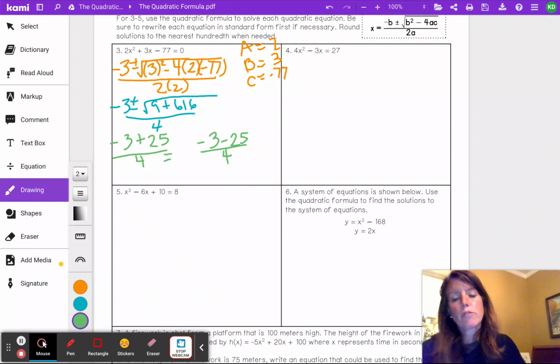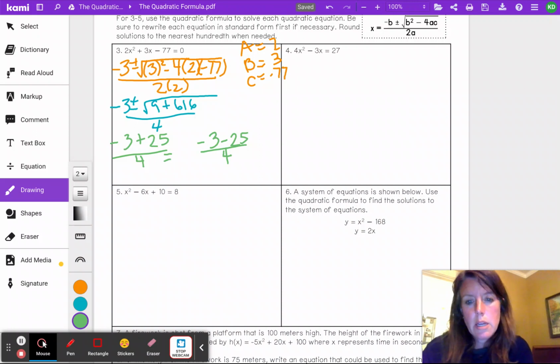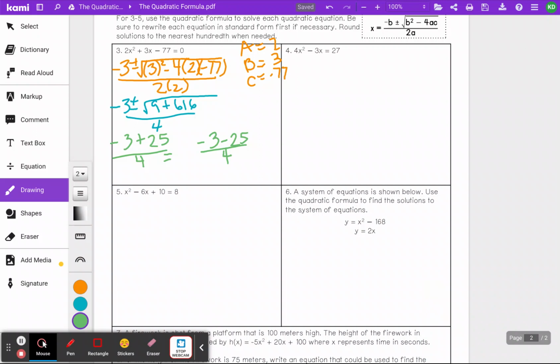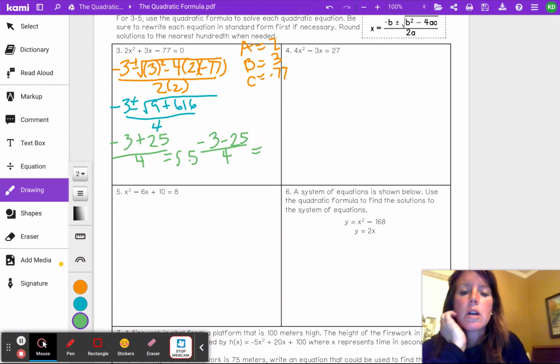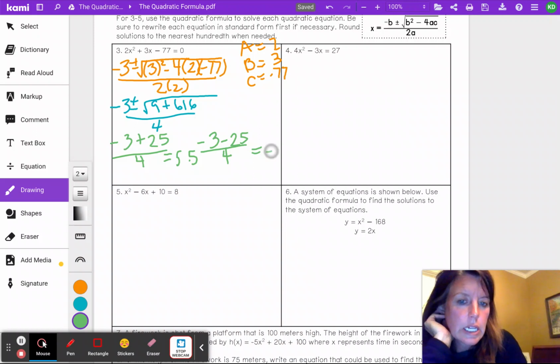Okay, negative 3 plus 25, that is 22. And 22 divided by 4 is 5.5. And then negative 3 minus 25, that's negative 28. Negative 28 divided by 4 is negative 7. So x equals 5.5 and x equals negative 7.